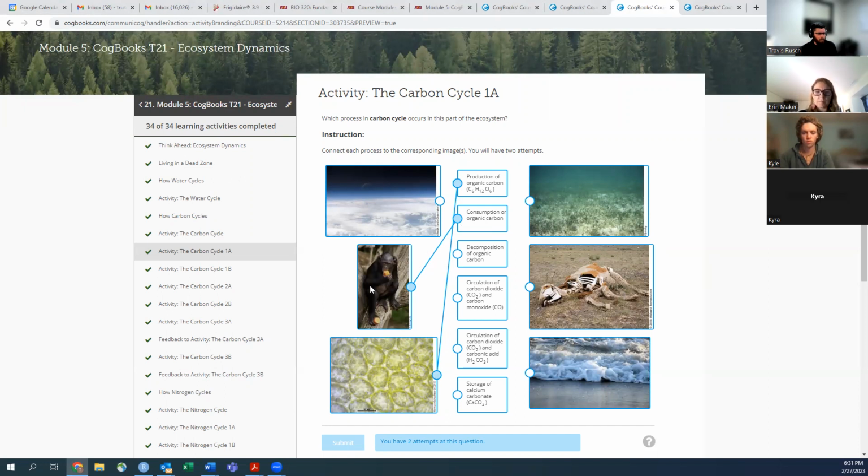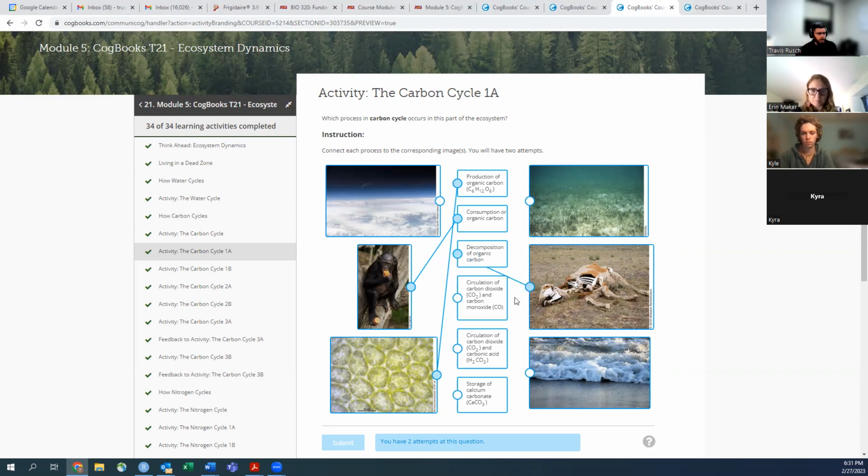So it's a living organism consuming another living organism. And then decomposition of organic carbon. It has the word organic in there, so it has to involve something living. And then we assume we know what decomposition is, right? Yeah, that dead whatever. It would be this dead animal here.